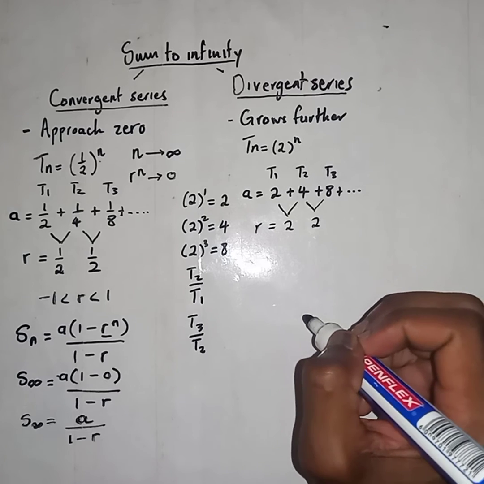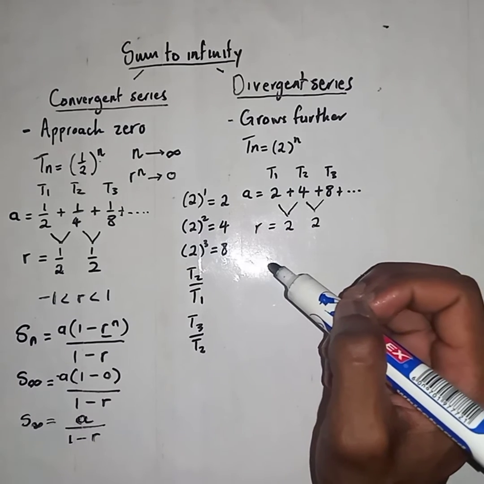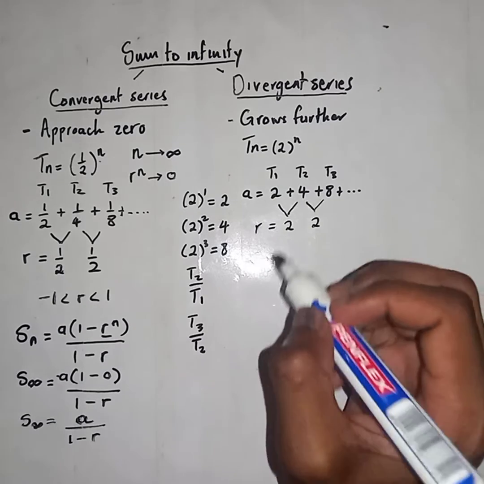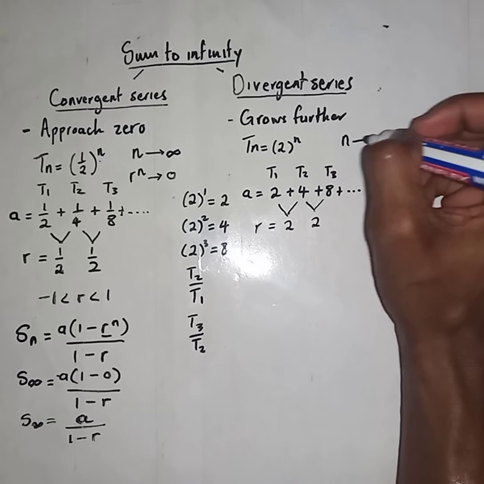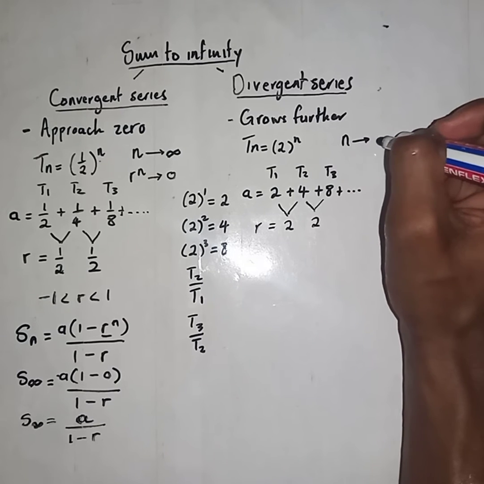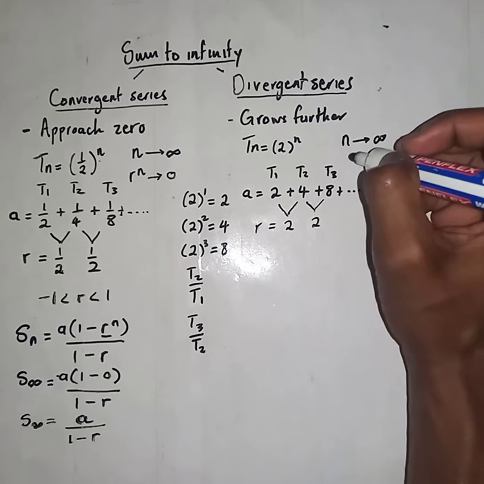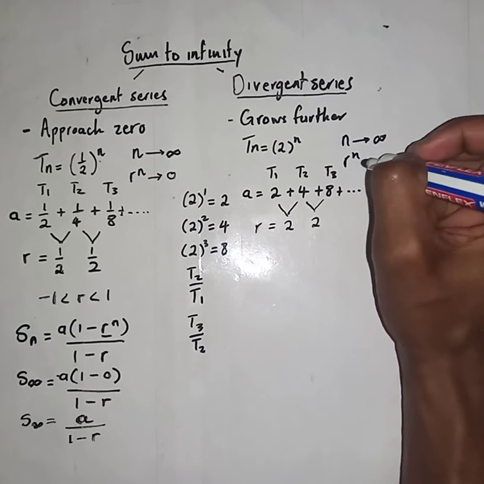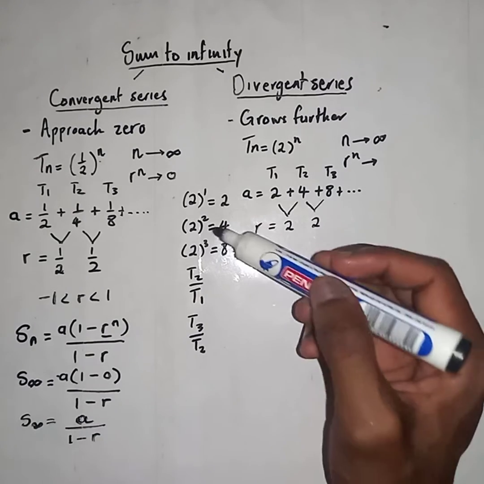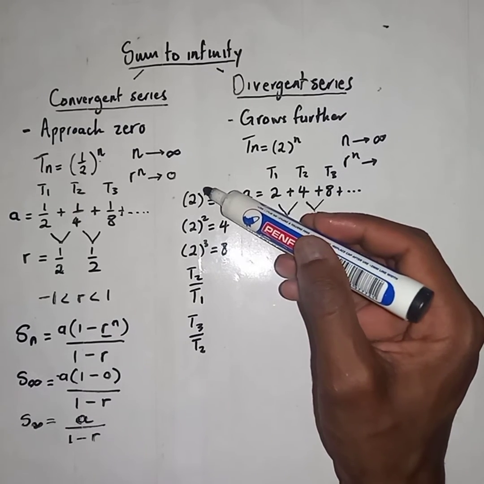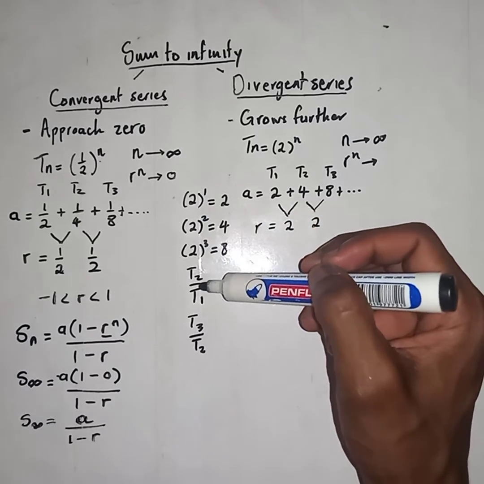Let us try to figure out the relationship between the n value as well as the Rn value. We want to know what is going to happen if n approaches infinity to Rn. Check. We started by substituting 1, 2, 3. The value of n increases.